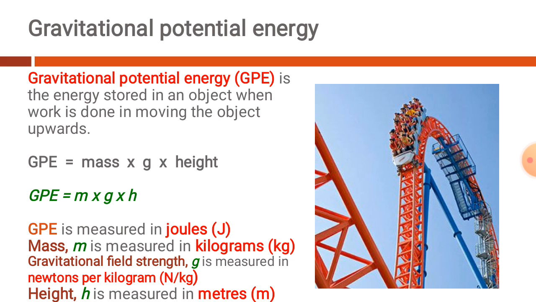Again, let me remind you, all your working and your final answer should have all these units. Whatever values they give you in the question, you have to convert into these units. For example, for height they might give you kilometers, you have to change it into meters.